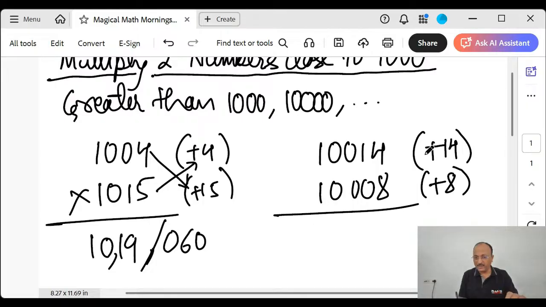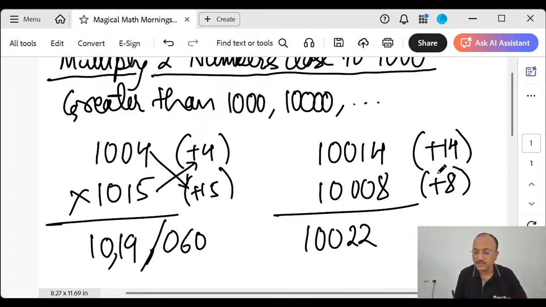So the first part will comprise this plus this. 10,014 plus 8 is 10,022. And 14 eights will be multiplying. 14 eights are 112.